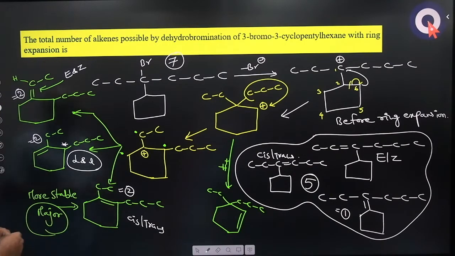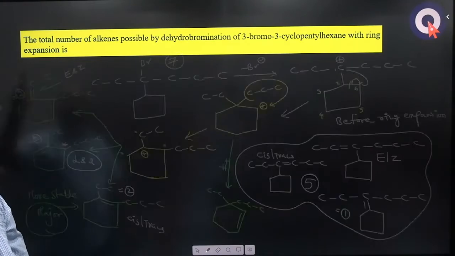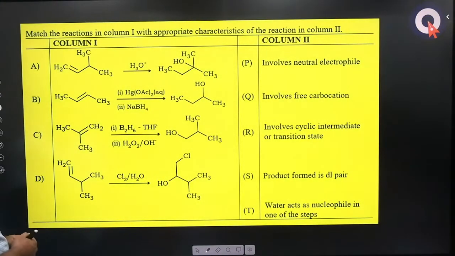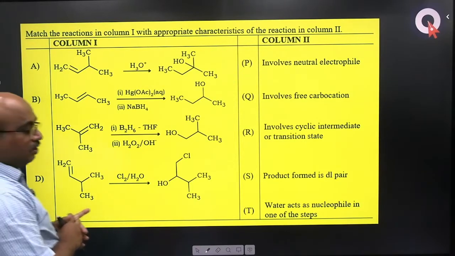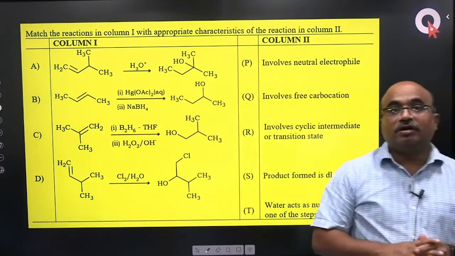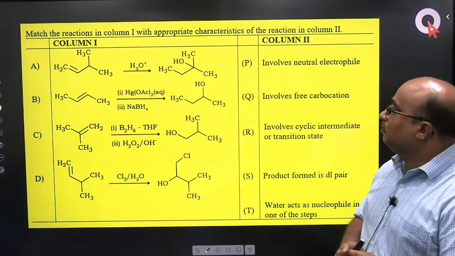So coming to the next thing, let us see the next question. So this is like an alkene related, again, addition reactions, electrophilic addition reactions in alkene. With this we just end the session. So what is this?